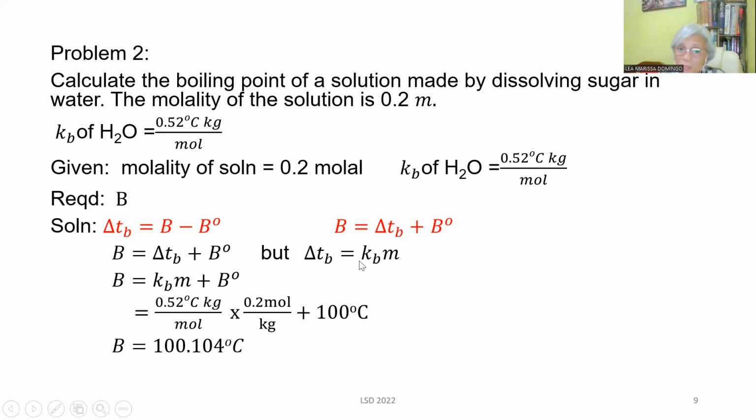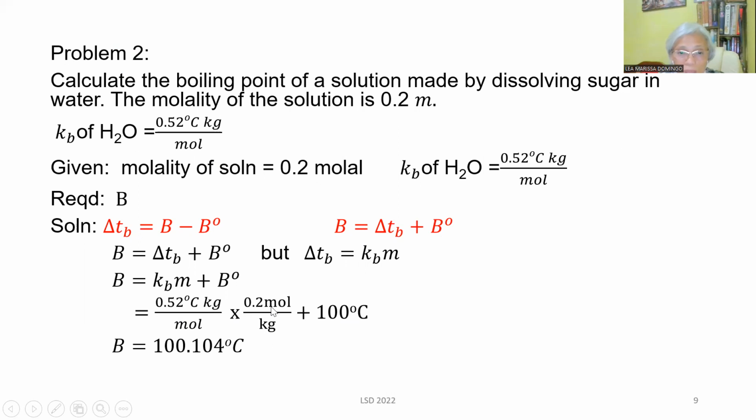But delta T sub B is equal to K sub B times M. So we just substitute K sub B, which is 0.52, tapos molality, 0.2 mole per kilogram, plus the boiling point of water. Hindi na yan sinabi, pero alam naman natin na 100 degrees Celsius. No? So, okay, tingnan natin yung dimensional analysis.